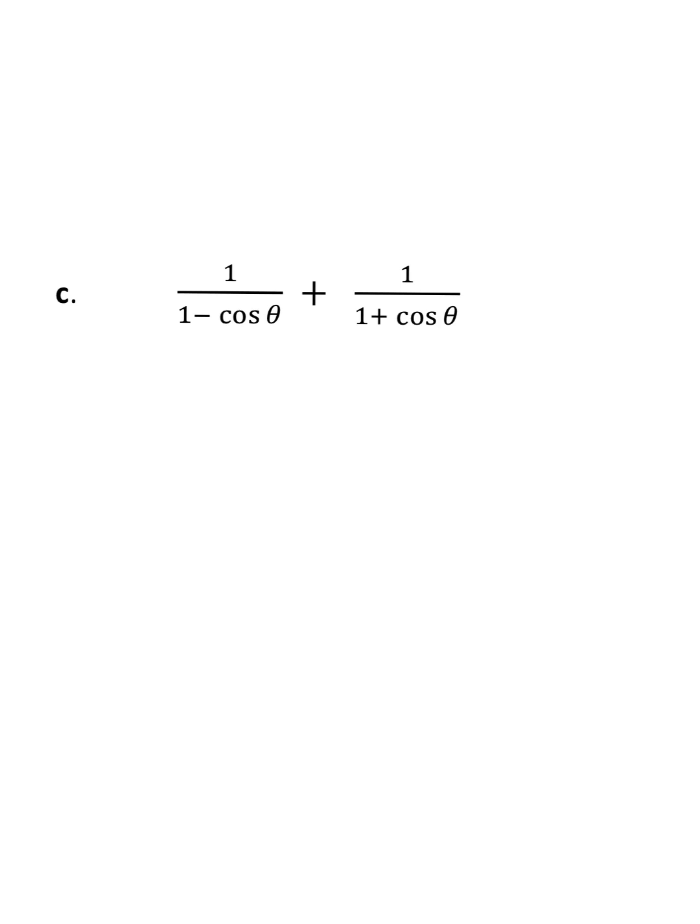So again, let's start by getting common denominators. So I'm going to take this left-hand side, 1 minus cosine theta, and multiply it over here. And on the right-hand side, I will take this 1 plus cosine, multiply it over here.